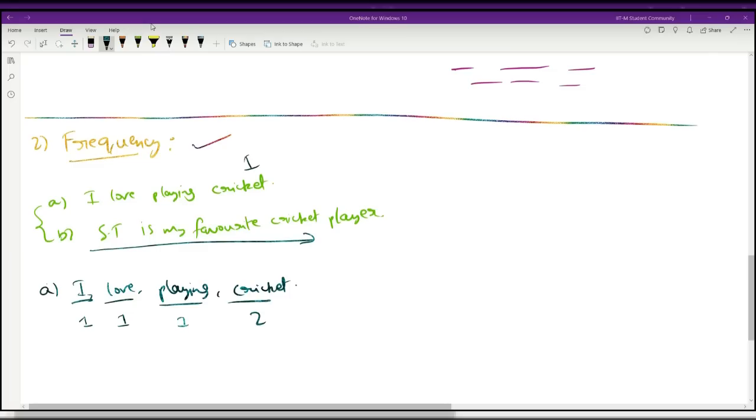This is number 1 and number 2, right? And all the remaining words: Sachin itself is a single word, and Tendulkar is another word. Or else let's combine them to be a single word, Sachin Tendulkar.